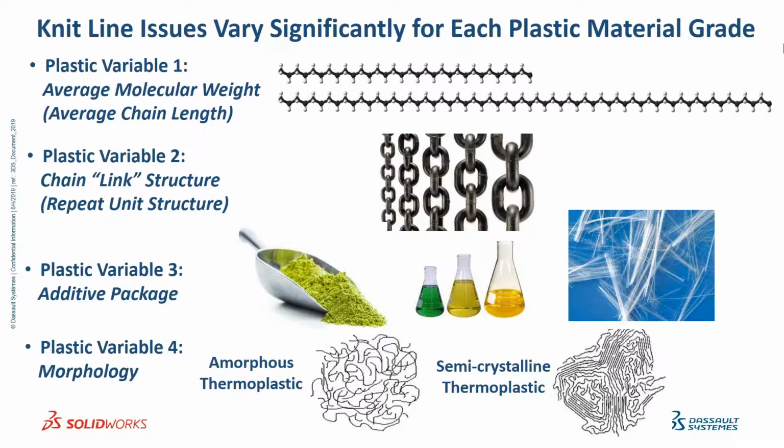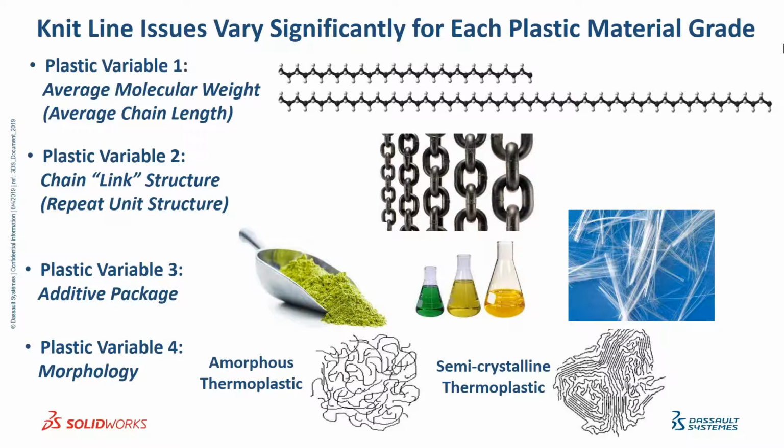But because they're more viscous, they don't do so well when it comes to weld line situations. So if you have a part where you have lots of cores, I think it's beneficial to consider using higher melt flow rate grades of material because you'll have fewer problems and you kind of know what you're going to get, and there are fewer surprises. The structure of a plastic is also very important.